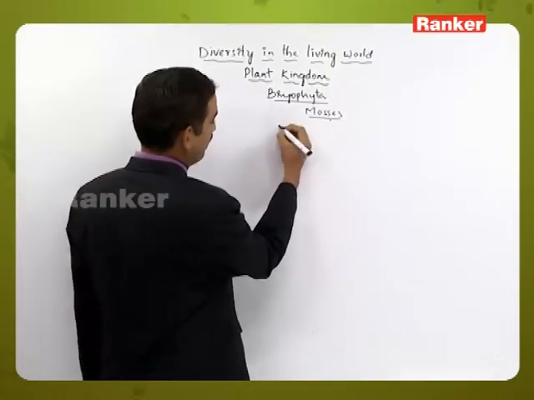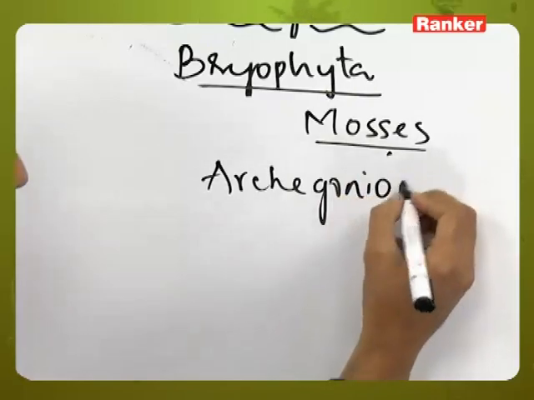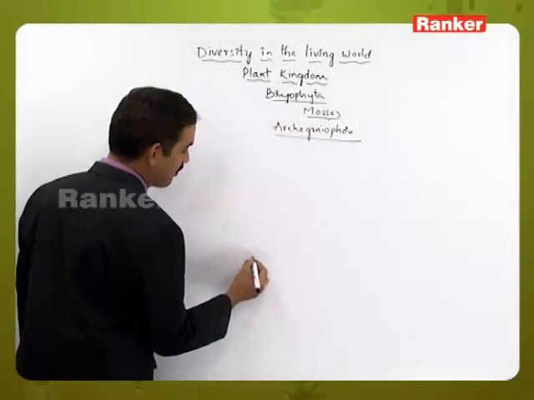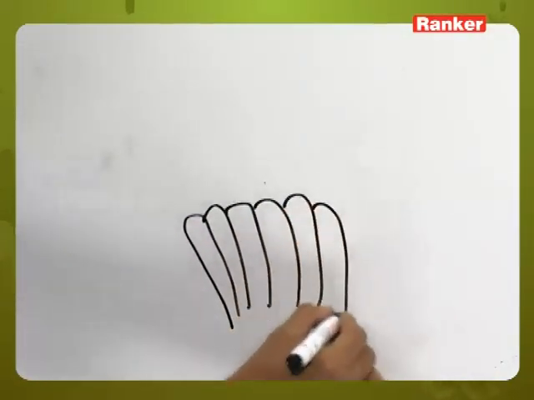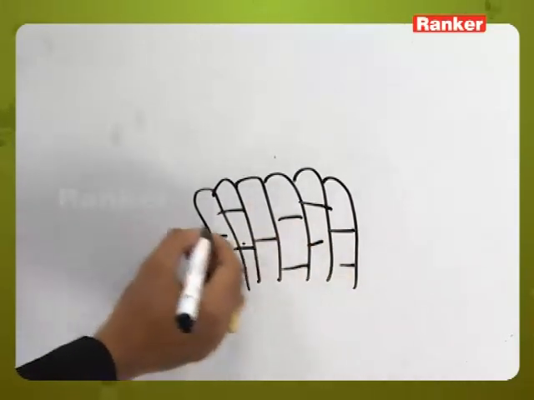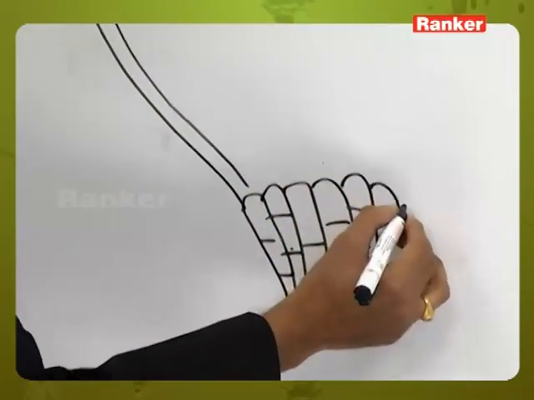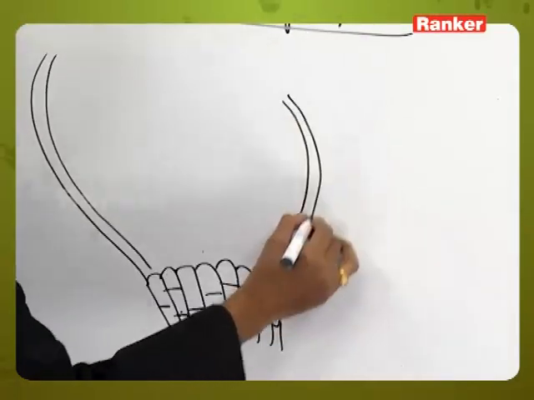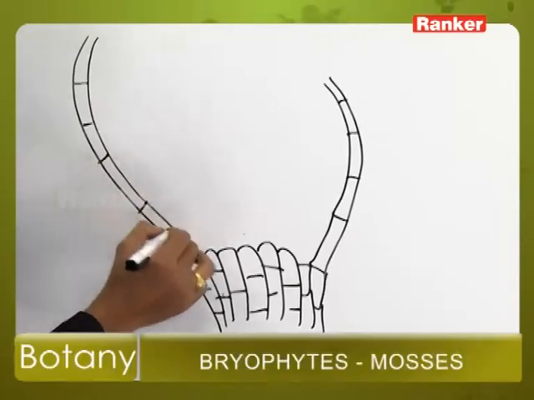So in the structure of the archegoniophore, here also the archegonia are developing at the tip of the branches. So this is the axis of the archegoniophore, where here also the archegonia are protected by some sterile structures. These sterile structures are called perichaetial leaves, which are multicellular and protective in function.